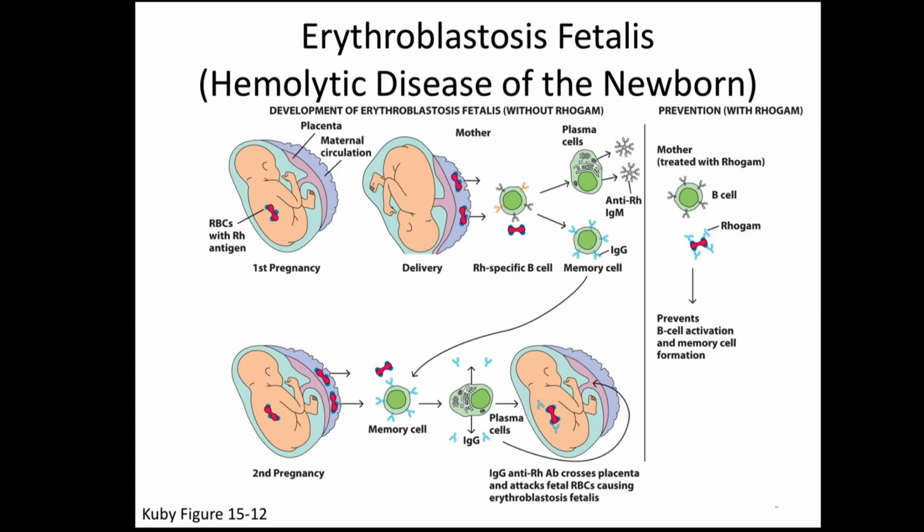And this treatment is happening in mom. So we're not killing baby's red blood cells. But what we are doing is we're making sure any of mom's B cells that would have been activated by this antigen can't get activated. So her B cells can never be activated in this mom. And so then she can be pregnant in subsequent pregnancies without making this reaction.